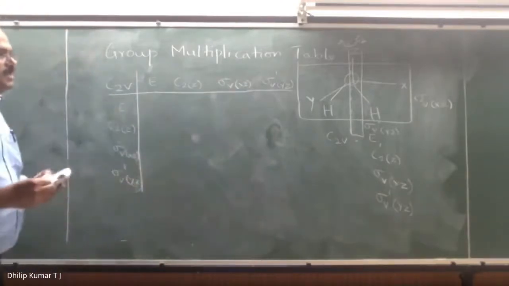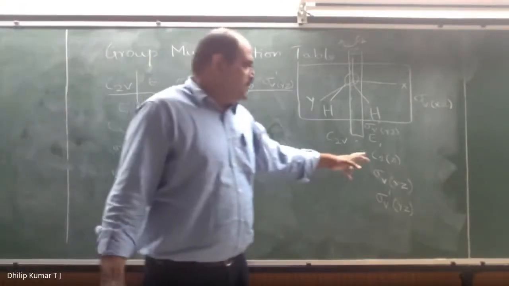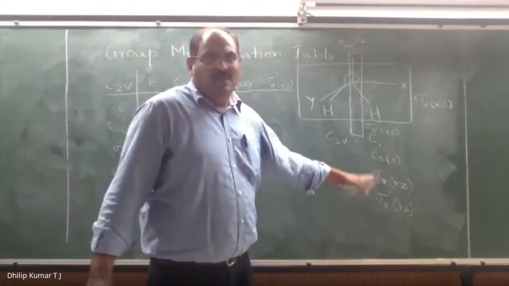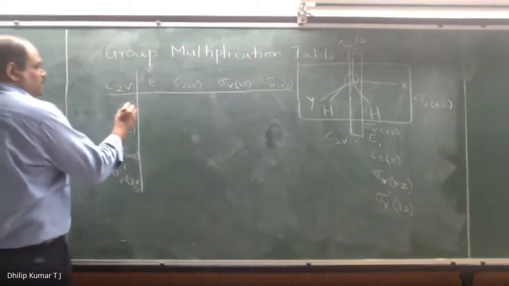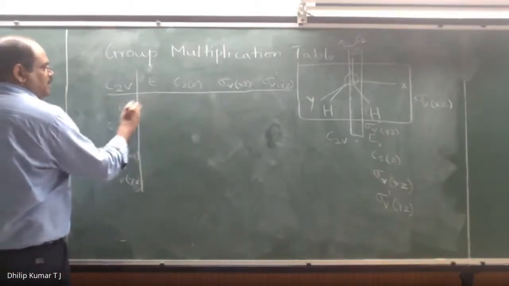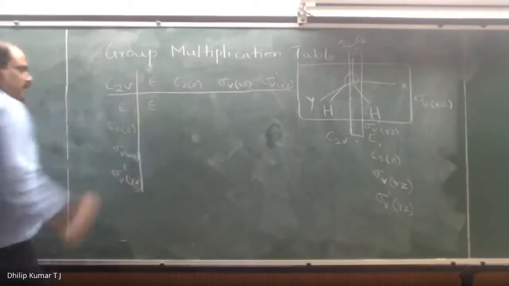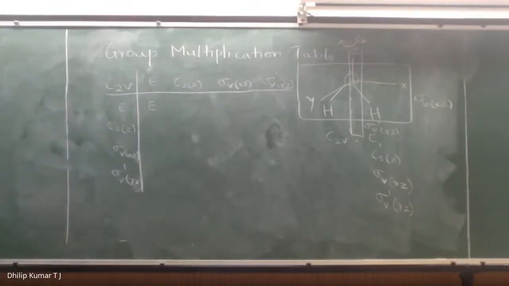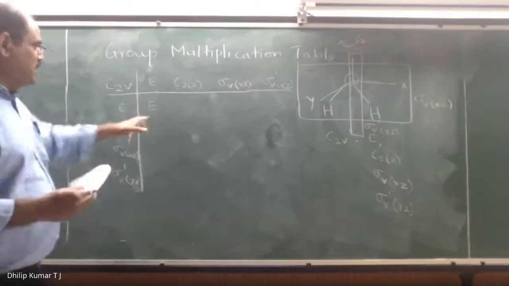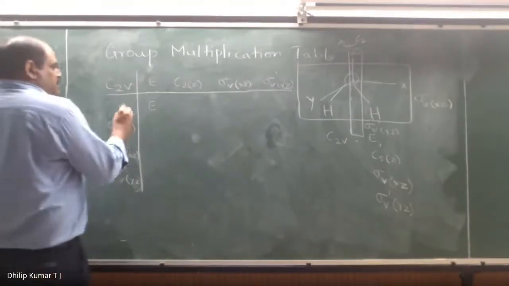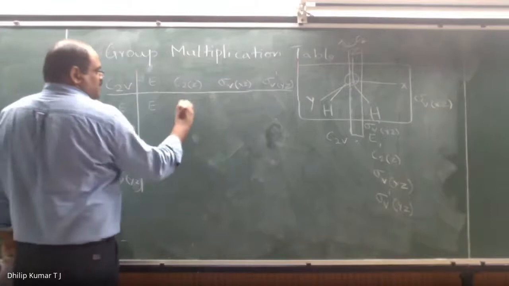Okay, so obviously, if you perform C2 followed by sigma V, what is the outcome? Let's start with the identity element and then multiply with identity. We are going to get the same because with E you are not doing anything. Again E, you are not going to do anything, so the result is E. Whereas if you perform E and C2, it will result in C2.